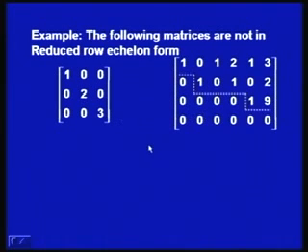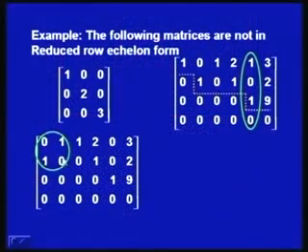In this case, the staircase pattern is still there, but if you look at this particular column, this has a leading one, so all entries in the column should be 0. That is the fourth property, but this property is not satisfied. That is why it is not in reduced row echelon form. This is non-zero, this is 1. So this is not in reduced row echelon form.